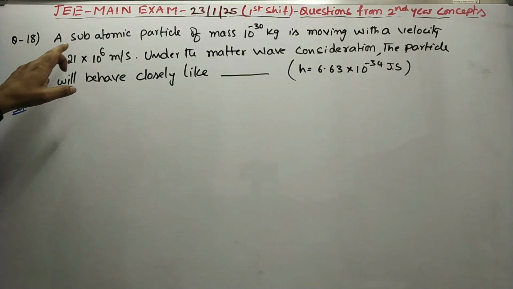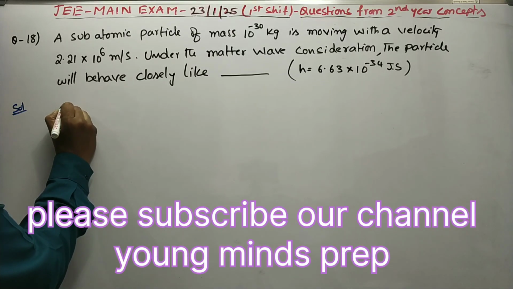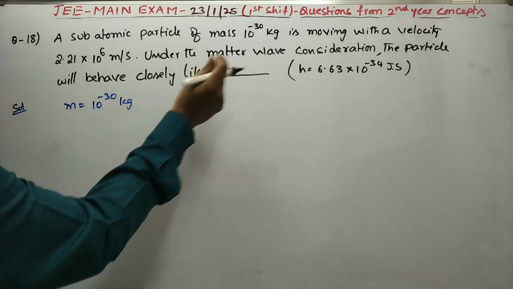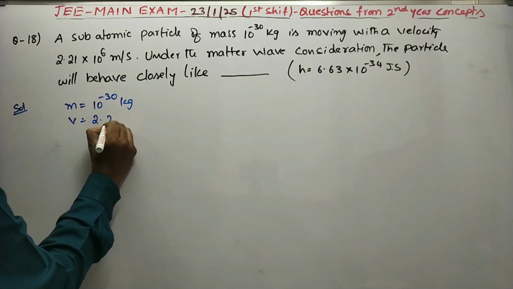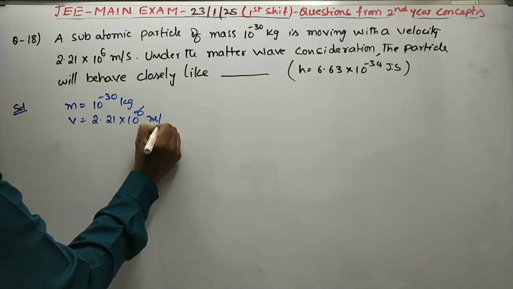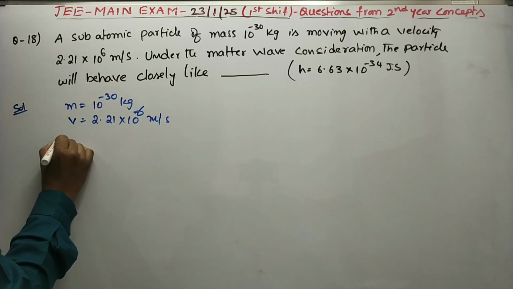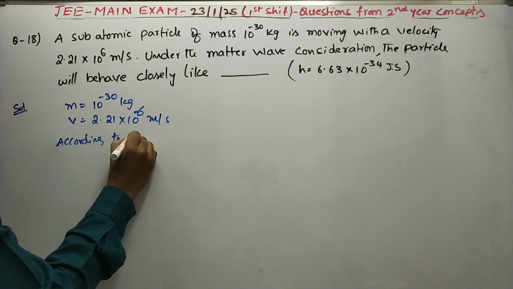The 18th question. A subatomic particle of mass 10 power minus 30 kg is moving with the velocity v equal to 2.21 into 10 power 6 meter per second under matter wave consideration.